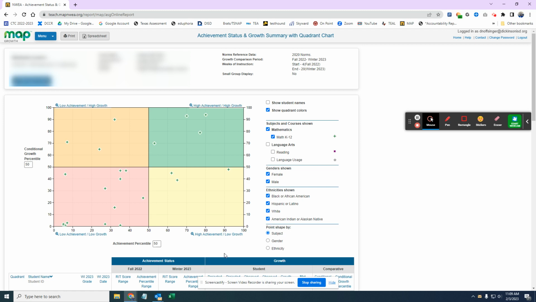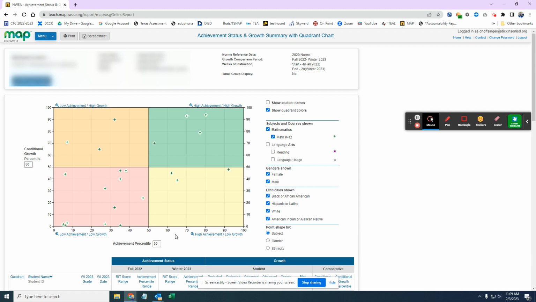Okay, and this one, the yellow, is high achievement, low growth. That means that they are good in their academics to a point, but they're not improving. Okay, and when we look at the axis, this is their achievement, and this is their growth. And we notice here, like for these students in the yellow, we have one that is at about the 62nd achievement percentile.